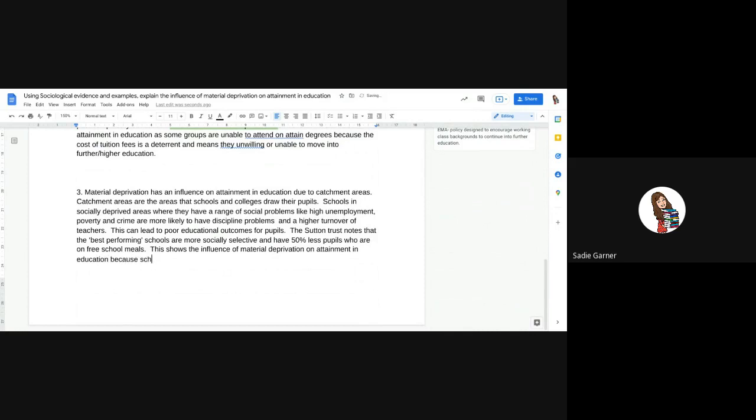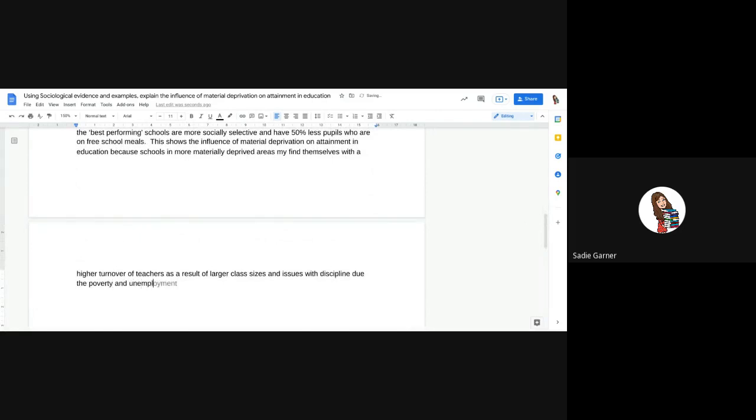because schools in more materially deprived areas may find themselves with a higher turnover of teachers as a result of larger class sizes and more issues with discipline, due to the poverty and unemployment in the local areas.